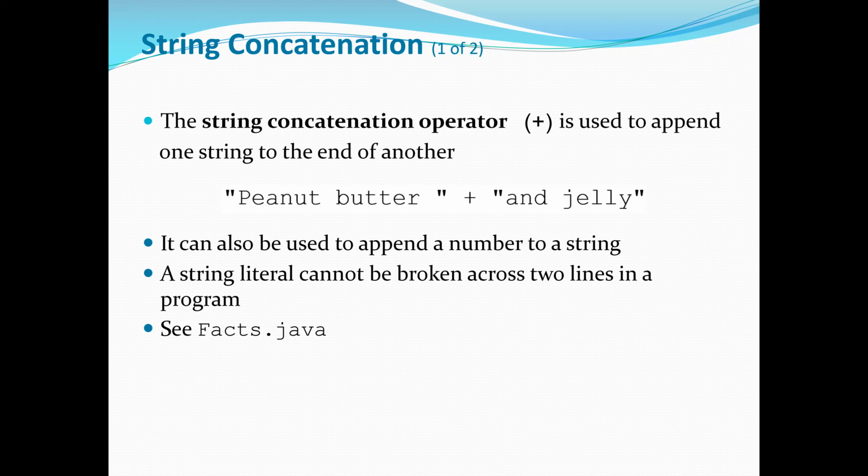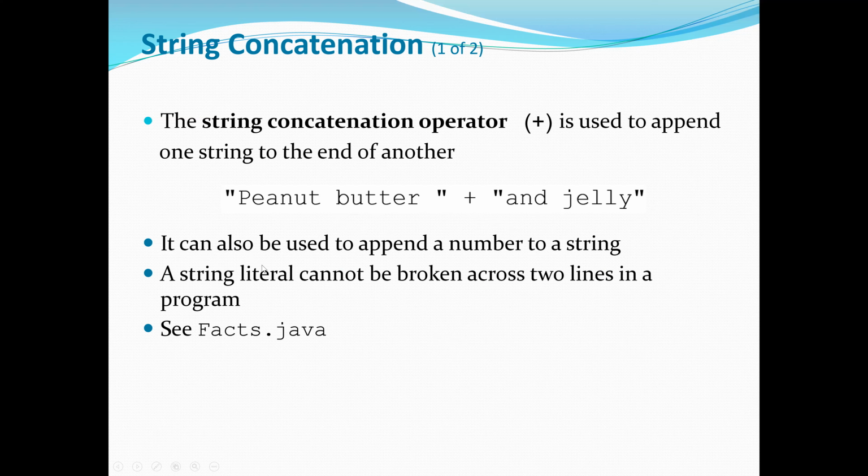But if one of the items is a string or both of them are strings, then it's going to join them. So in this example, we have peanut butter in double quotation, so it's a string, plus jelly in double quotation, so it's a string. So this plus will act as a concatenate to join the 2 strings together. So our output will be peanut butter and jelly together.